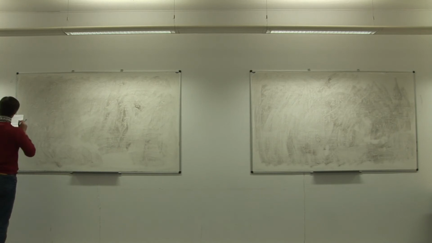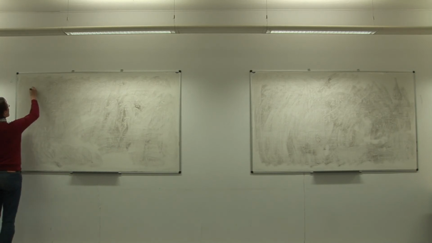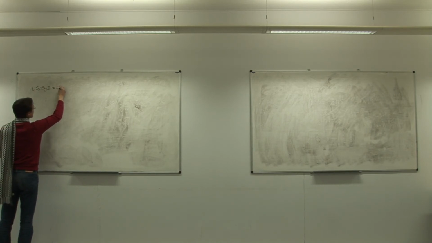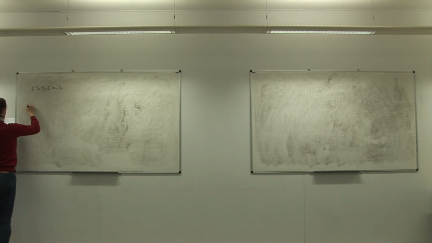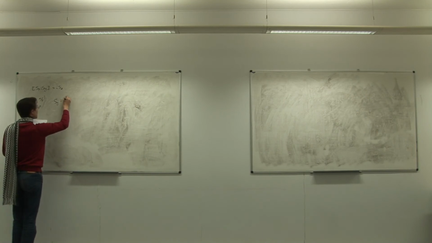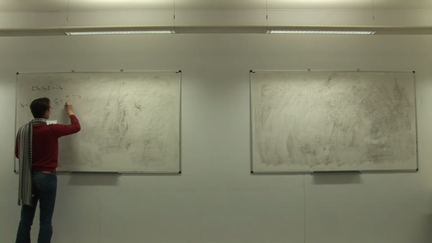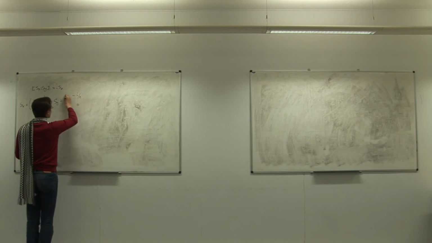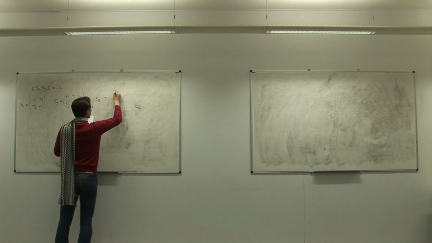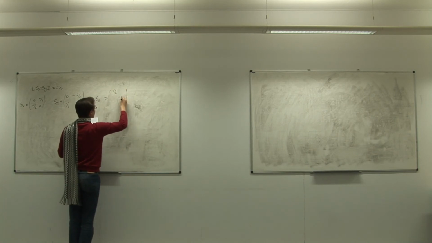Very easy to prove if you write things out like this. The Sx, Sy commutator, you know that that's i Sz. If you write them out, Sx is 0, a half, a half, 0, and Sy is 0, minus i over 2, i over 2, 0, and Sz is a half, 0, 0, minus a half.